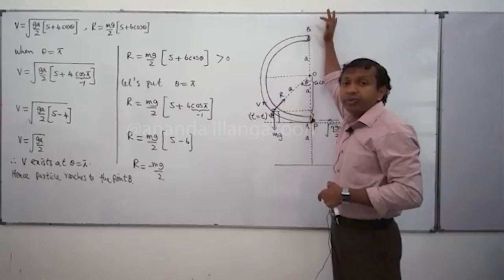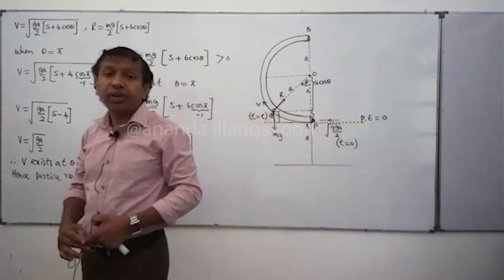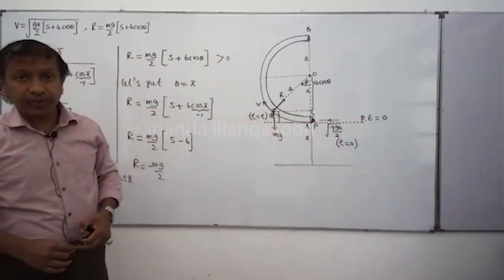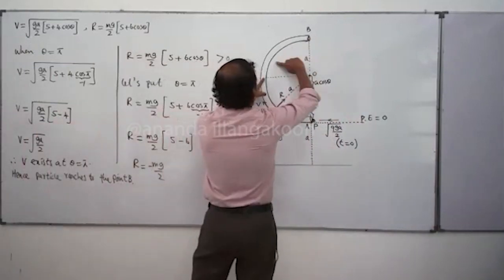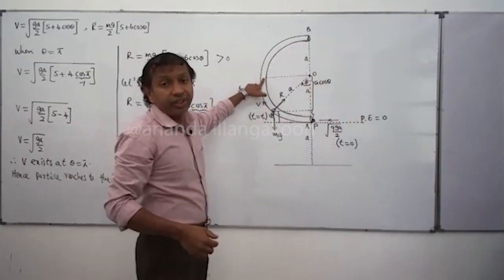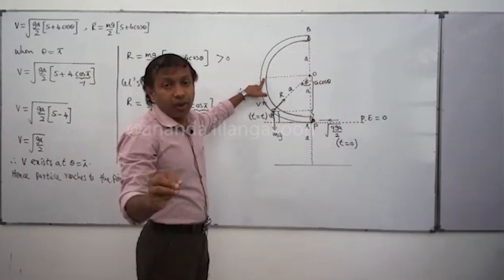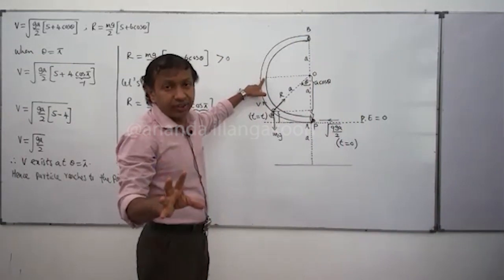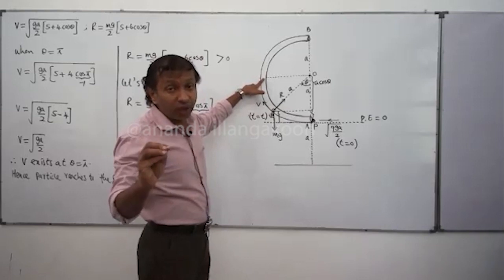So now you can very easily say that during this motion, the direction of the reaction changes. Therefore, somewhere between these two levels, the reaction changes its direction. If we need to find the exact position where the reaction changes, the reaction changes when its value becomes 0.